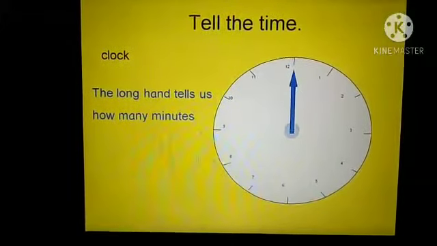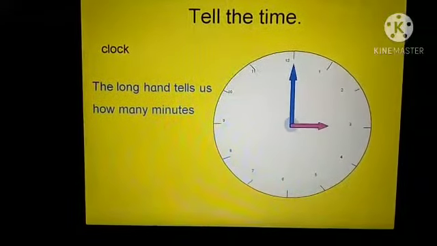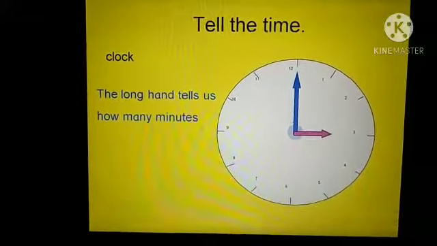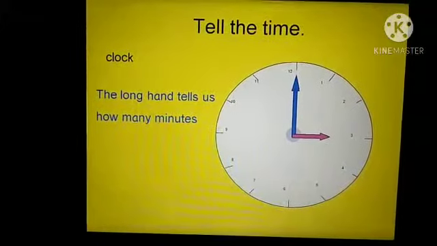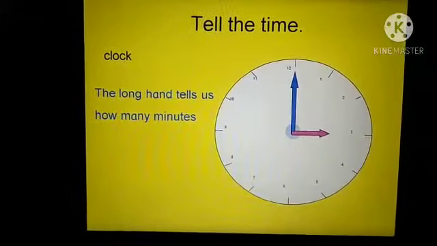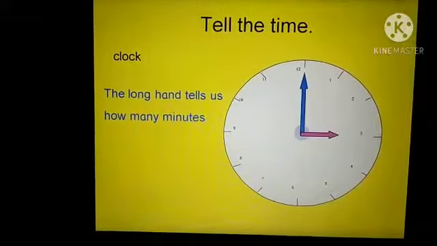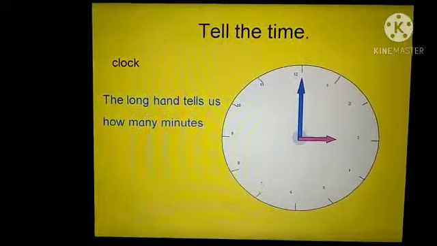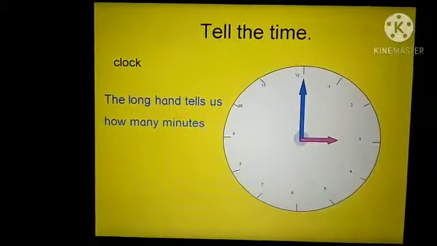Okay, so now let's see what comes next. Oh wow, our clock is complete. It has both the hands, the minute hand and the hour hand. The pink hand, that is the hour hand, or you can say the short hand, is pointing towards 3.